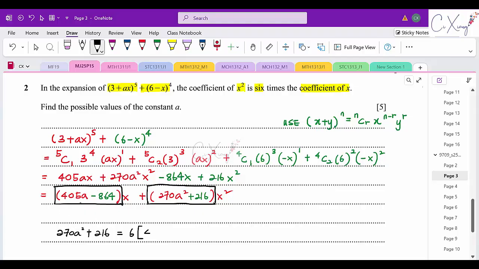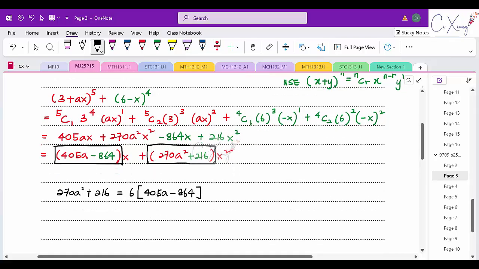So I'm having 405a minus 864. By using the information given here, you get this equation, and you can continue to solve this equation to get the value of a.